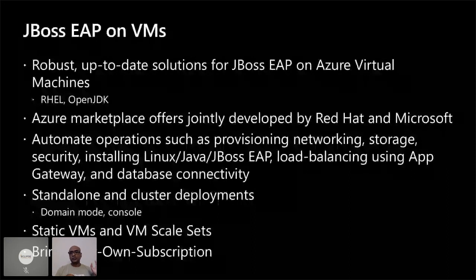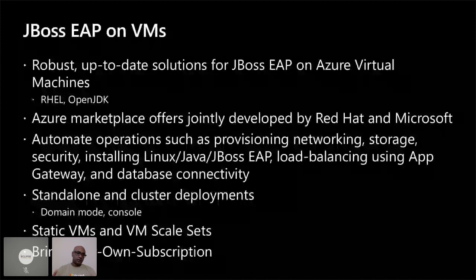We also do, as a next step, the marketplace solution templates. Specifically, what those provision are the VMs themselves, the networking around them, the storage required for a basic VM, some intelligent defaulting, basic security in terms of a firewall around the VMs, and installing, of course, Linux, Java, and JBoss EAP itself.